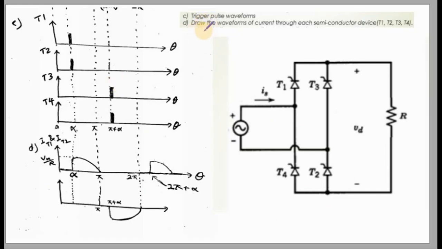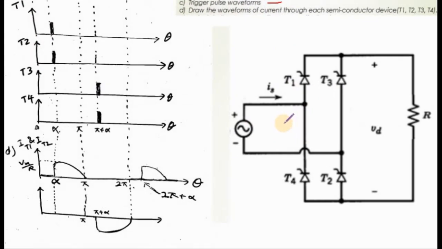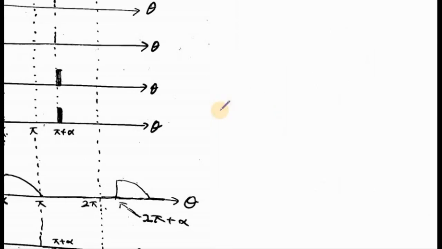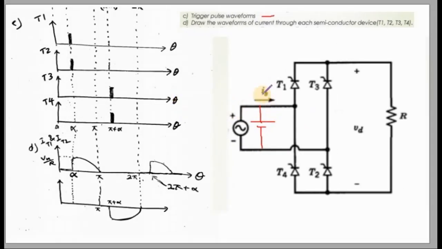Part C is asking for the trigger pulse waveform. So when it comes to trigger pulses, in the positive half cycle, voltage is applied like this. You have to turn on T1 and T2.